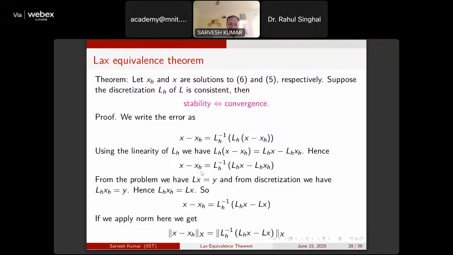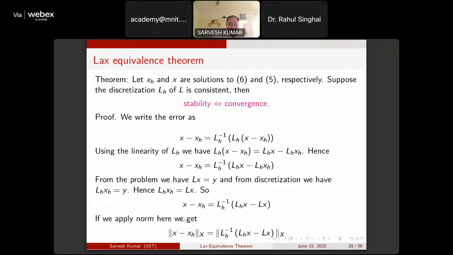Hence, this x minus x_h can be rewritten as L_h inverse applied individually. We have Lx equal to y, and the discrete equation is L_h x_h equal to y, right? Hence L_h x_h is nothing but Lx, because this is your y. So x minus x_h is nothing but L_h x minus Lx.